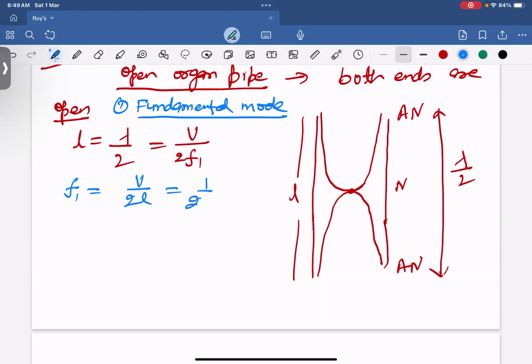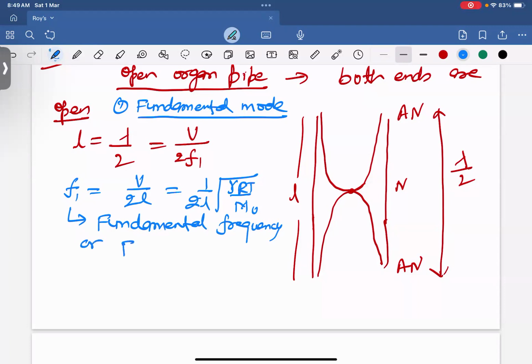I know you understand that V is the square root of gamma RT by M naught. This is called the fundamental frequency, or we can also say it is the first harmonic.